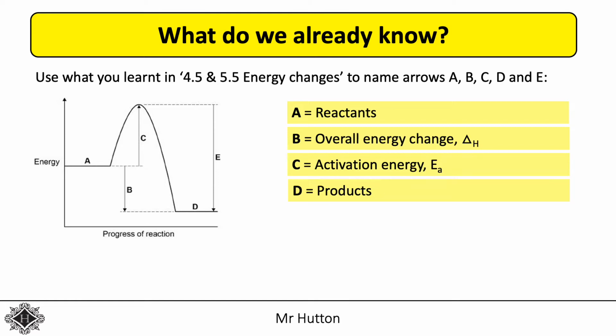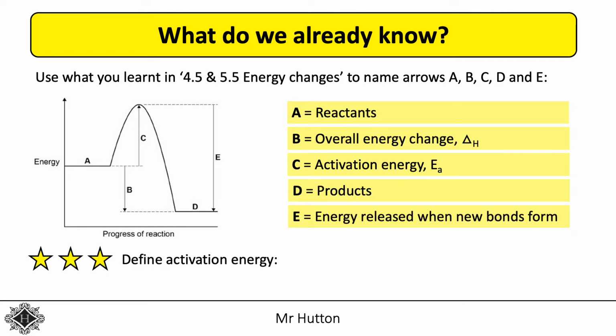All right, and then the activation energy, C, goes from the reactants to the top of the curve. Okay, and then we've got line E, which is the energy released when new bonds form, and that goes from the top of your activation energy down to your products.